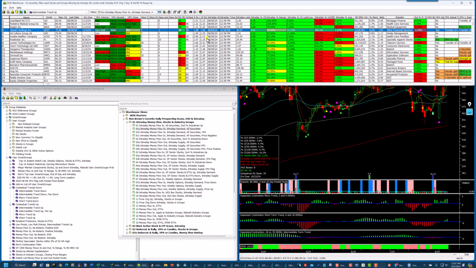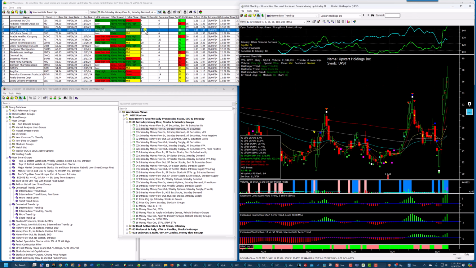Let's find something that's a little more expensive. Upstart Holdings. Now, when this stock comes up, all of these histograms should be positive. You can see that the 3 crossed the 6 two days ago, zero crossed over today. So it must be a pullback on this stock. Let's take a look here.